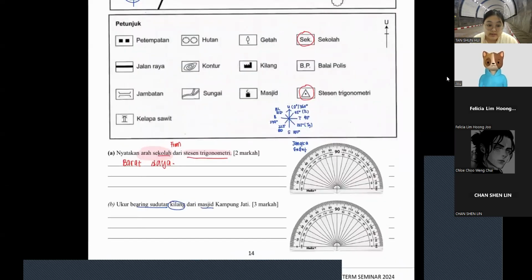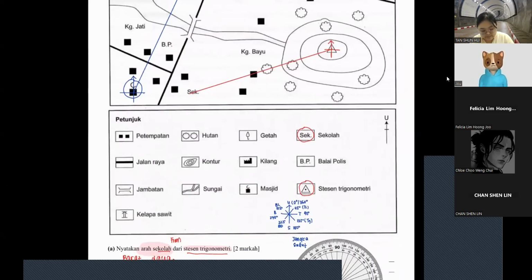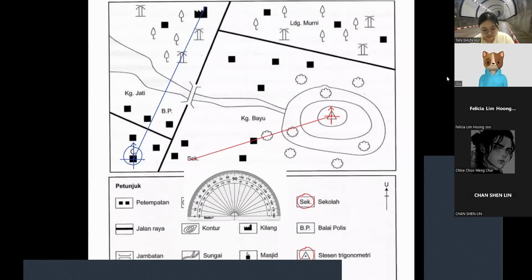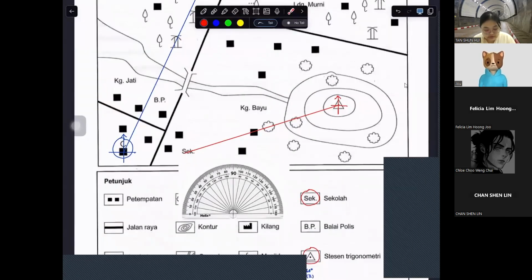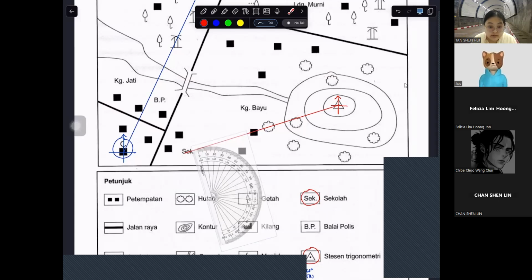After that, I need to start measuring. Remember, I always begin from utara. So my jangka sudut will look like this. Now, this is your jangka sudut, right? So you will turn it and remember, put it like this. You're going to put it on top.